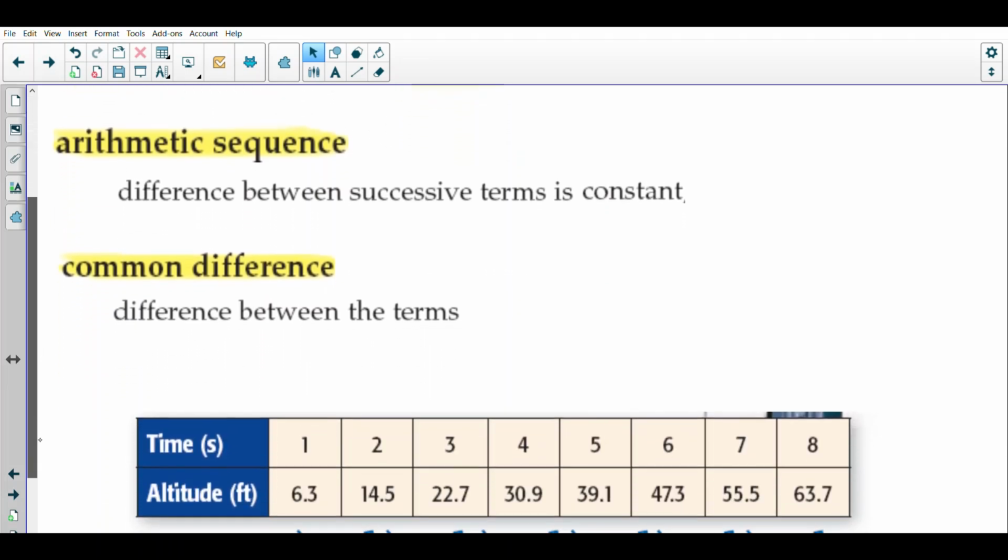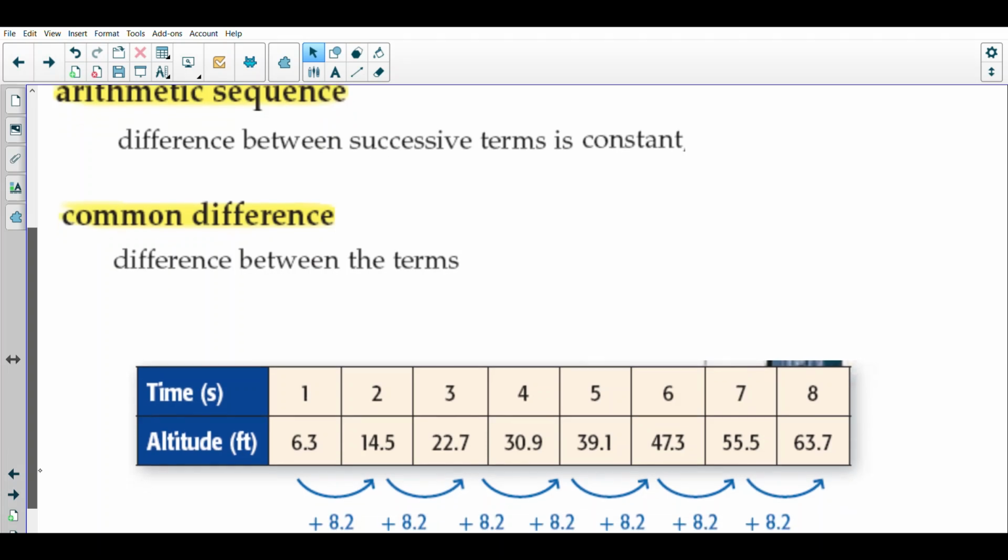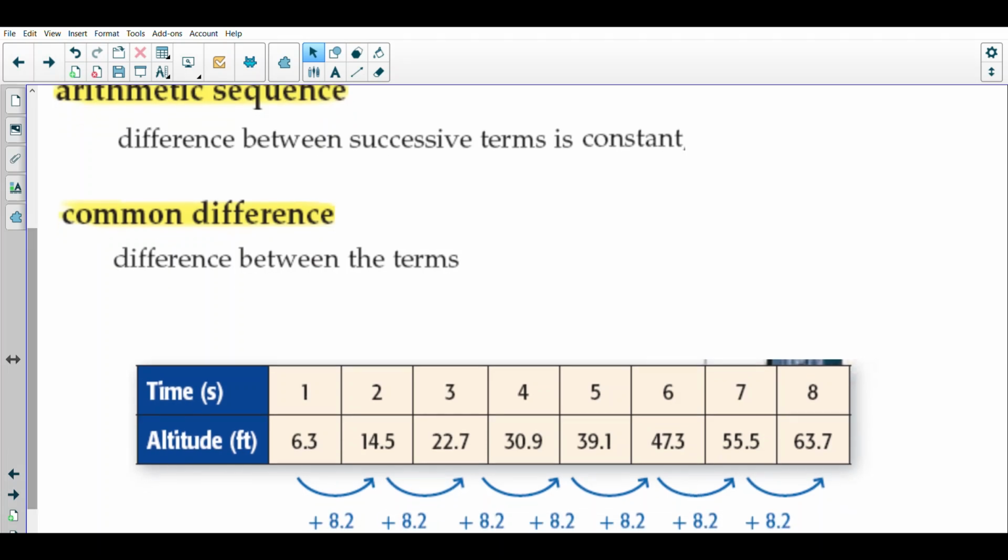What we mean by that is, in this time and altitude sequence, the first second is 6.3, the second second is 14.6, the third second is 22.7, and so on. Notice that the altitudes change consistently by plus 8.2 every time.